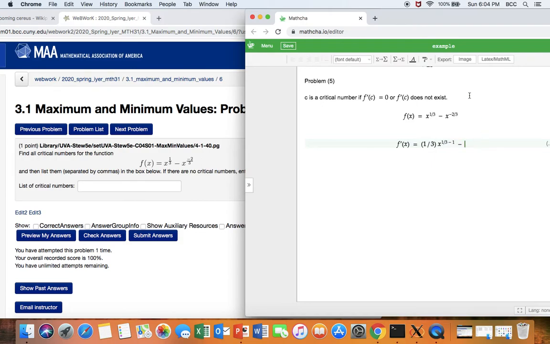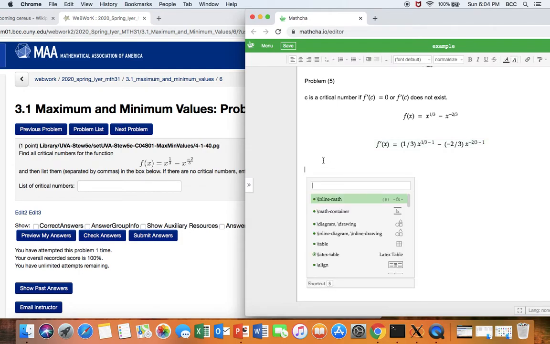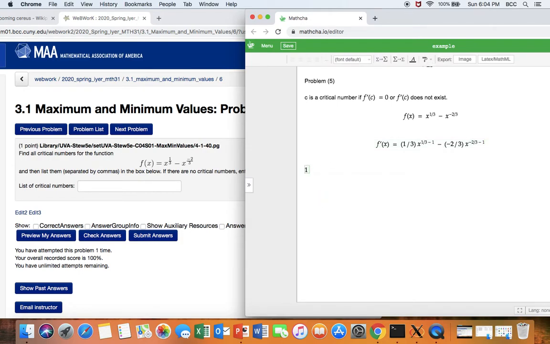Minus, let's bring the negative 2/3 down, x to the power negative 2/3 minus 1. Okay, so notice that 1 equals 3/3, right? So that's what we need to use here.